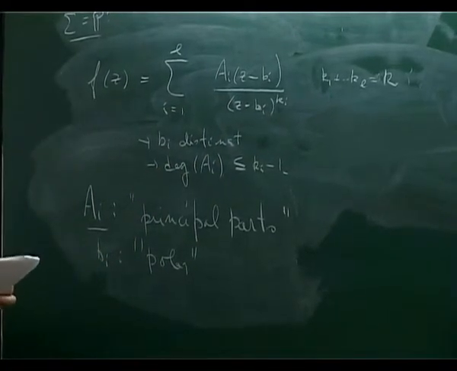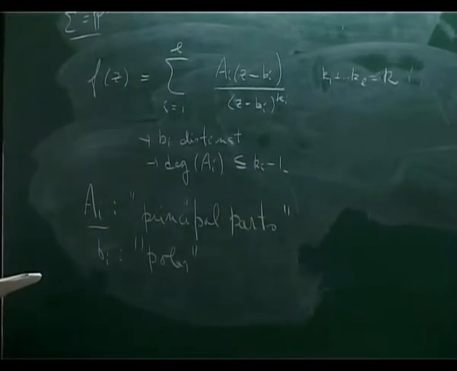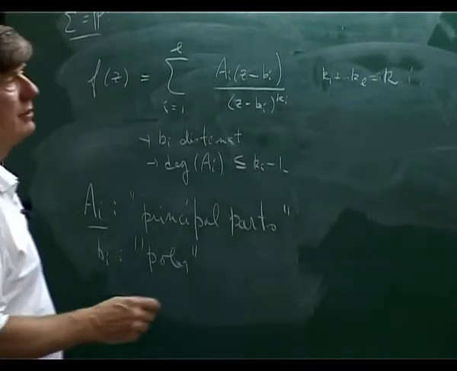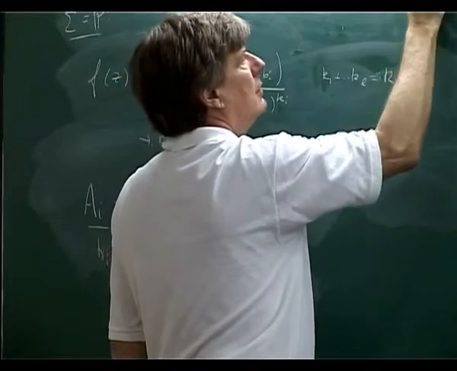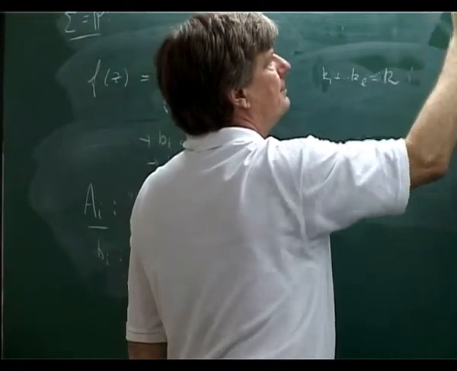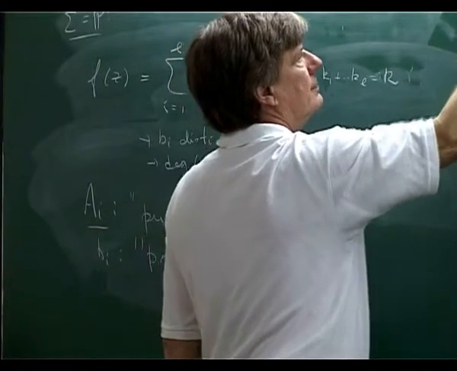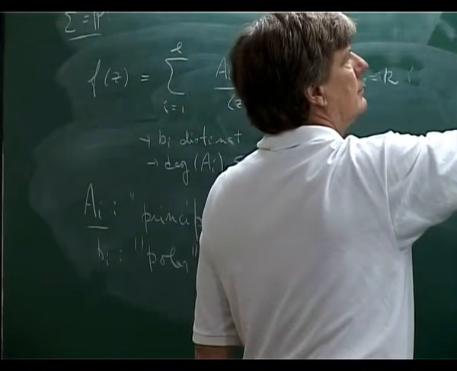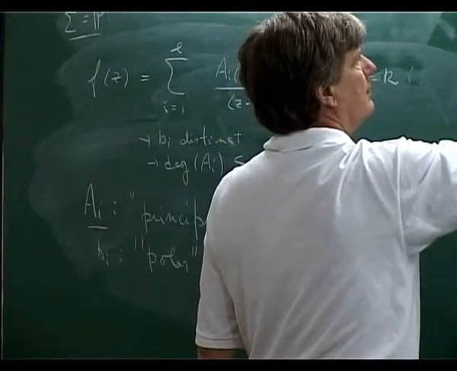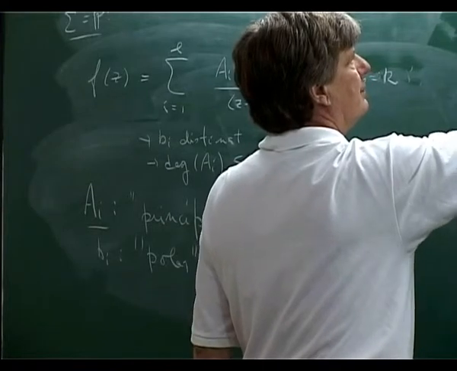But first I want to define a principal part at, say, b_i equals 0, or z equals 0.